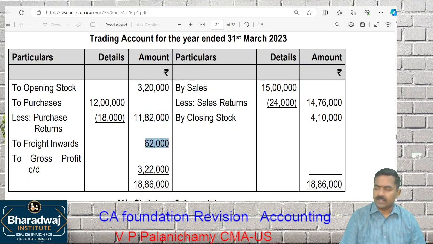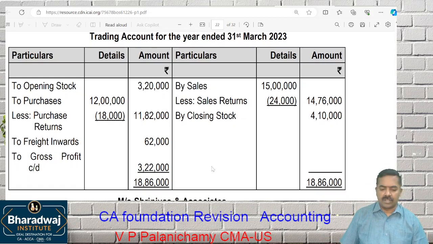Freight inwards 62,000. Sales minus returns. Closing stock. Tally it. Rent will go to P&L account. 3,22,000. Gross profit 3,22,000.